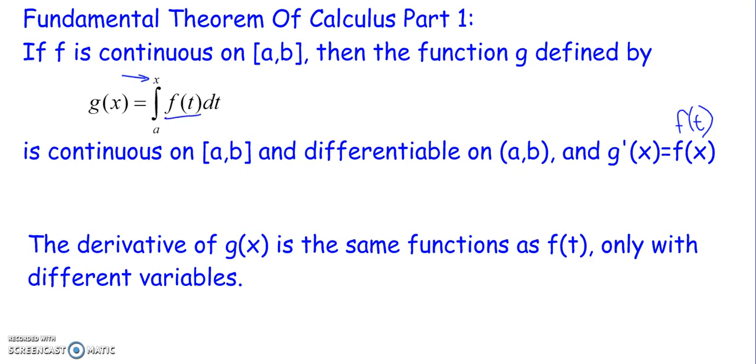Essentially, that f of t is the derivative of g of x. And for this to be true, f has to be a continuous graph. F has to be continuous.